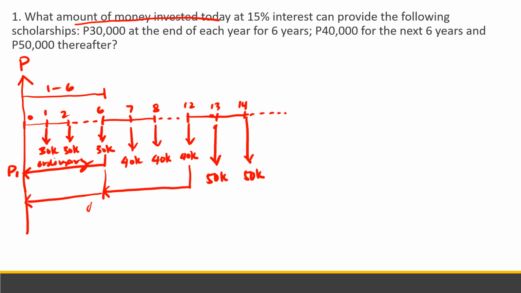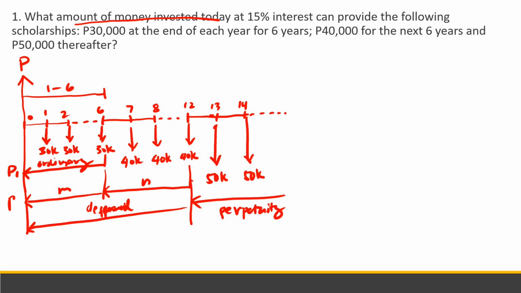So this is the N period and this is the M period. And ito naman dito naman yung perpetuity. So after you find the amount here, so i-move mo na naman dito sa 0 year.